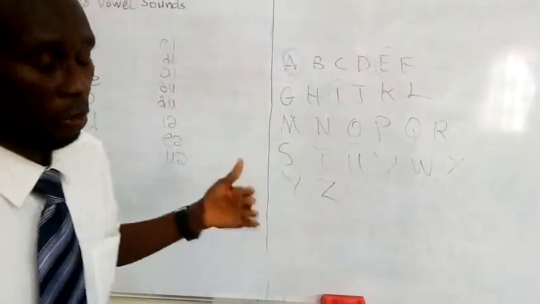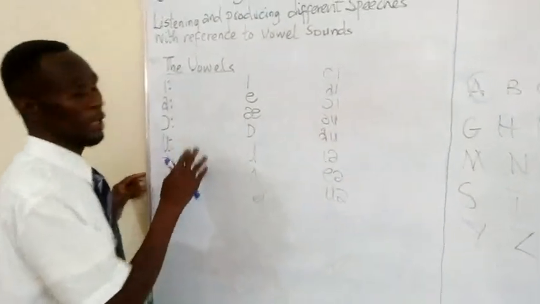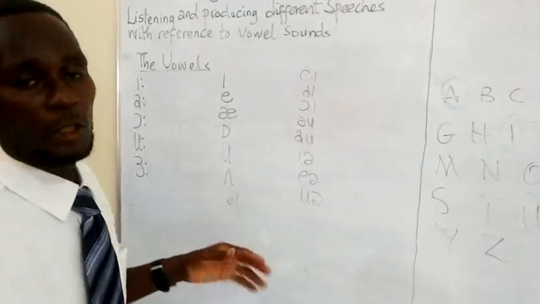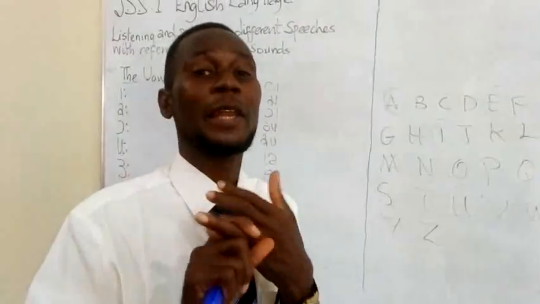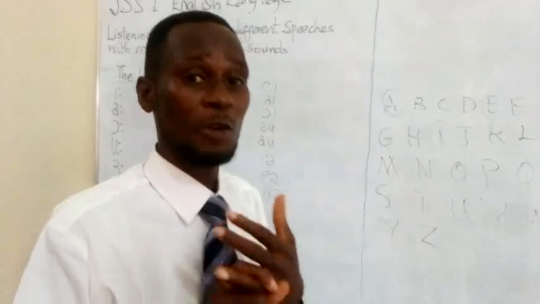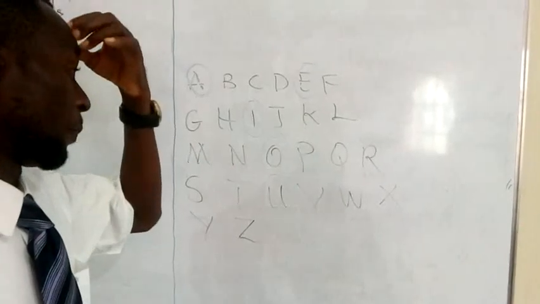But as you are growing until you finish your education here, we have 20 vowel sounds. So we have 20 vowel sounds, we have 24 consonant sounds. Altogether is 44 speech sounds, not 26 speech sounds. We use this to write down the sound in visible form, not as a way of pronouncing it.